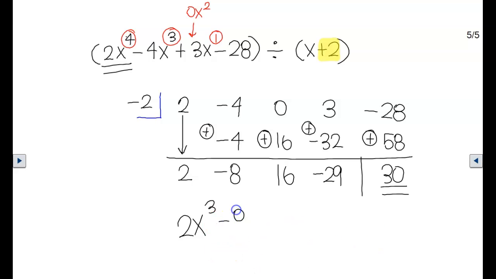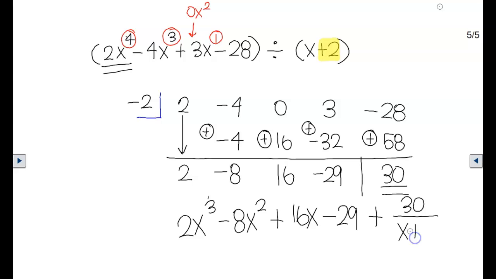So we'll have minus 8x squared plus 16x to the first minus 29. So the exponent on this first term will always be 1 less than the problem. And then our remainder is 30, so we'll have plus 30 over x plus 2.